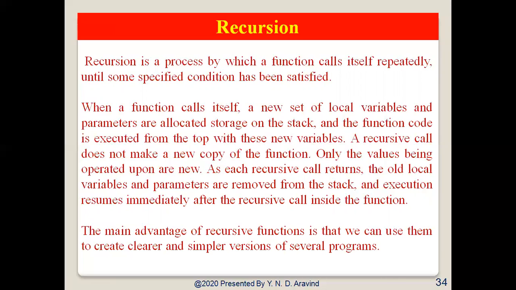Recursive functions are very useful while constructing data structures like stacks, queues, linked lists, trees, and so on. When a function calls itself, a new set of local variables and parameters are allocated storage on the stack.